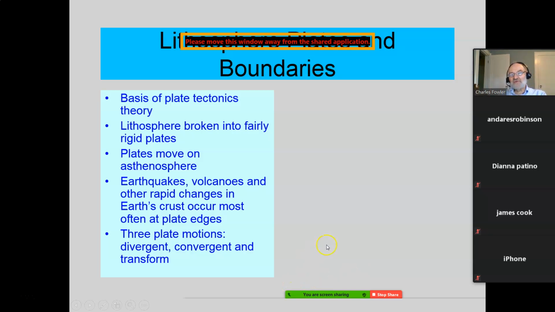So the lithosphere is broken into fairly rigid plates. Now notice the word fairly here. Not totally rigid. They do some bending and relative movement.